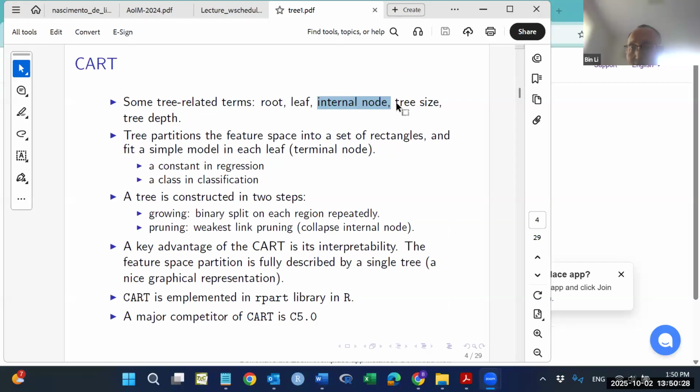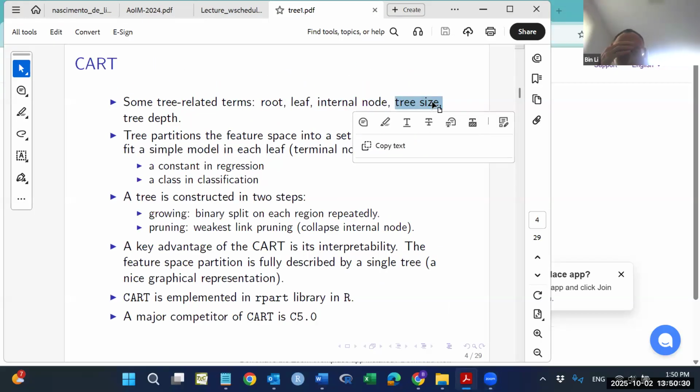And the tree size. Okay, that's tricky. How do we measure the size of a tree? And you may ask, why do we need the tree size? Because the tree size is very useful. We need some measurement to quantify the complexity of a tree model, right?